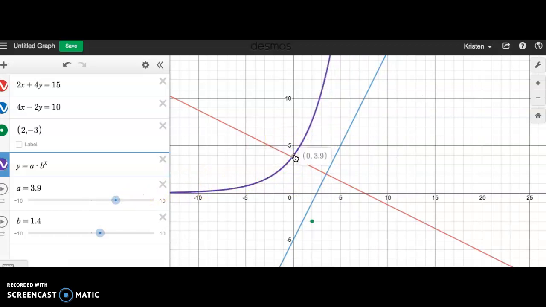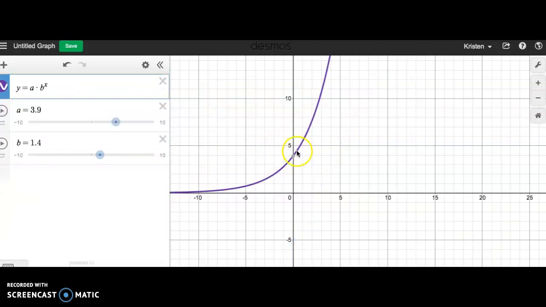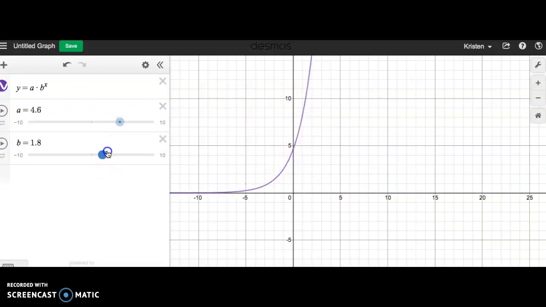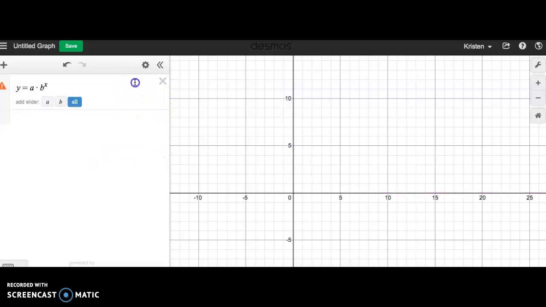It just so happens, I'm going to turn off these linears because they're in the way. And in that quadrant, you can see that 3.9. And then as I mess with that, you can see that change. And then this is the thing that makes it increase or decrease much faster. So those are good ways to double check any knowledge that you might be concerned about if you don't remember what those values represent. I'll also say this for quadratics.